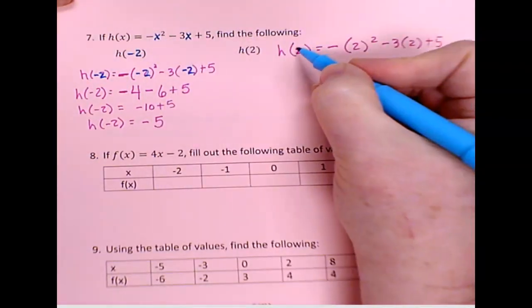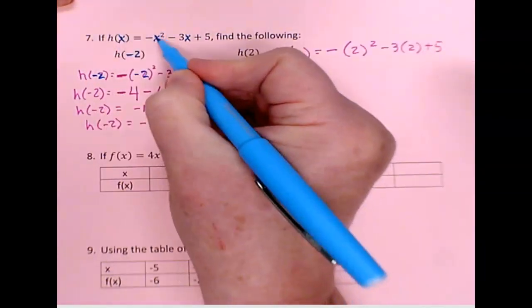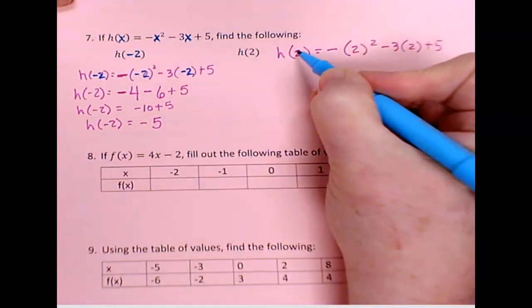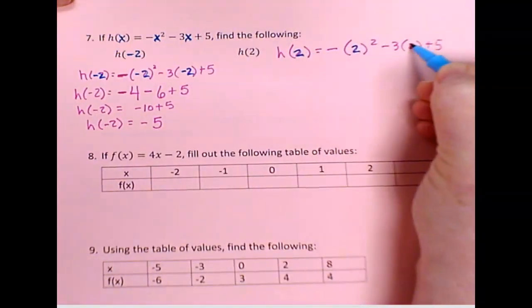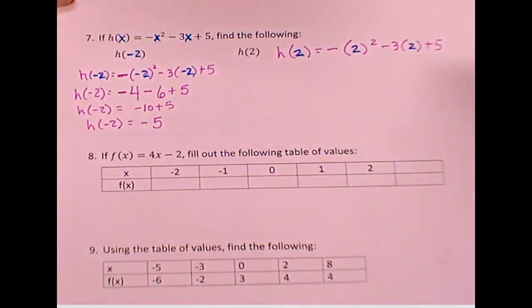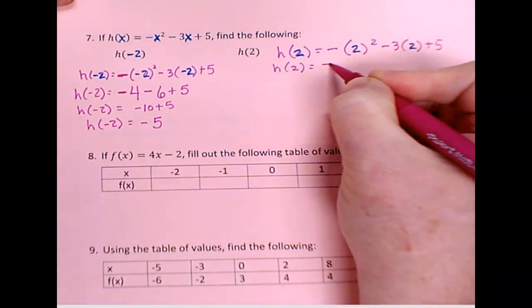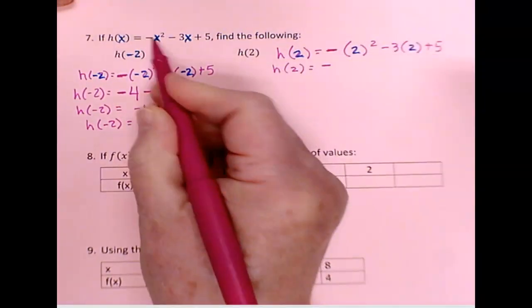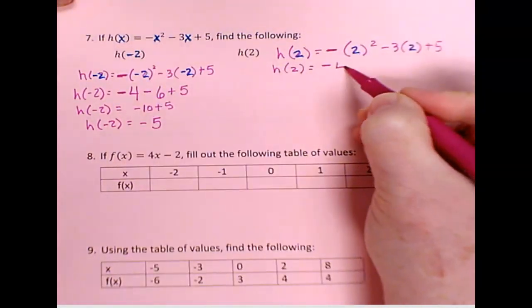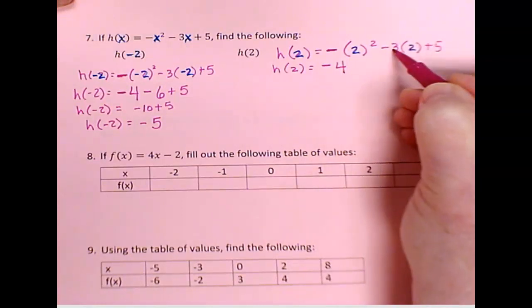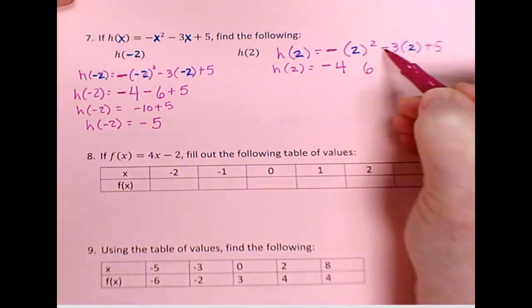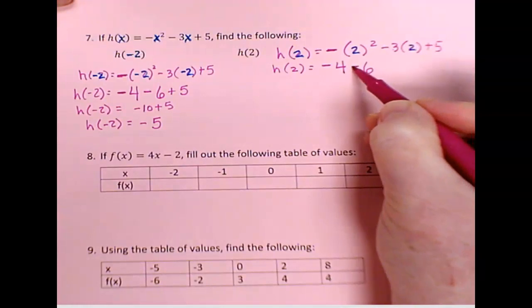In place of the x's, wherever I had an x, I plugged in a 2. This is the negative sign out in front. 2 times 2 is 4. 3 times 2 is 6, but this time a negative times a positive.